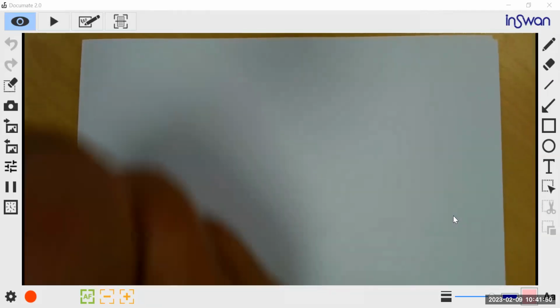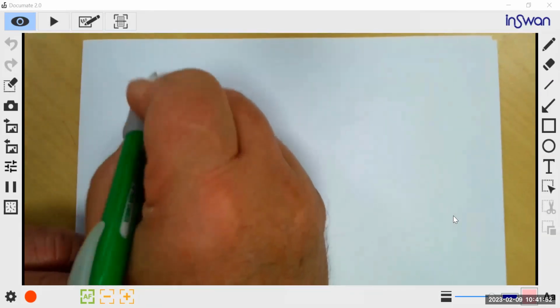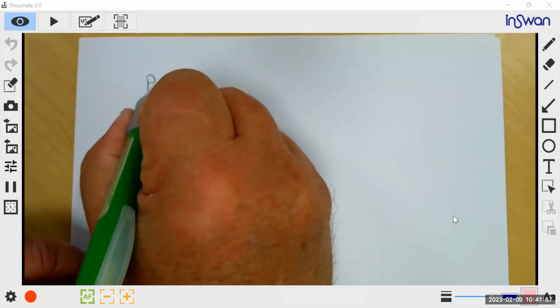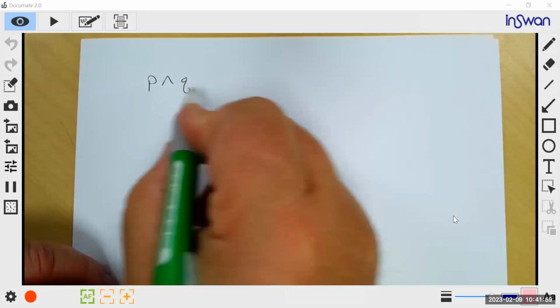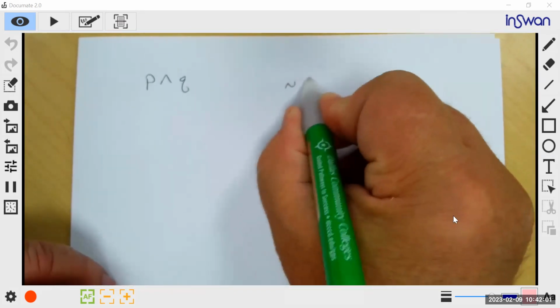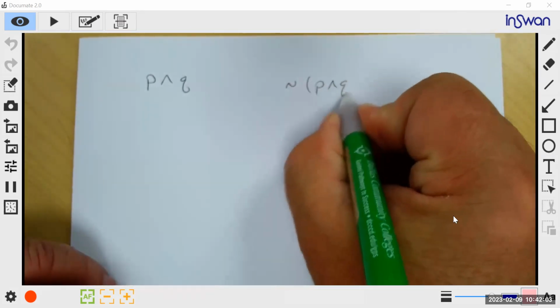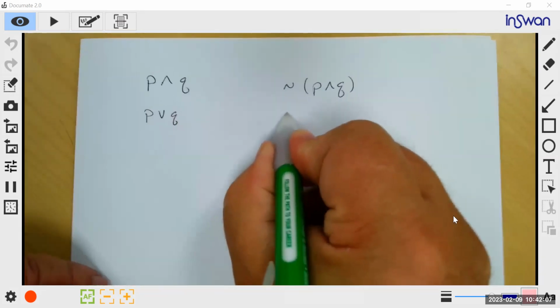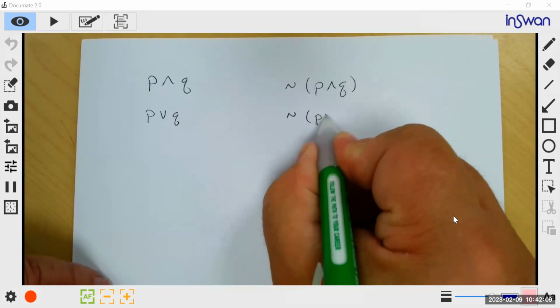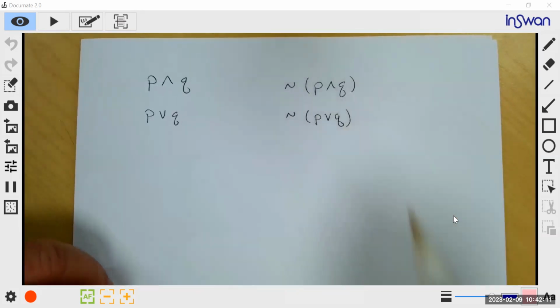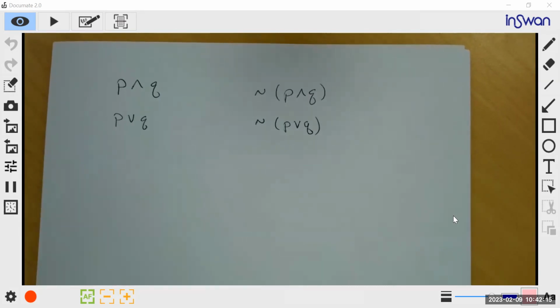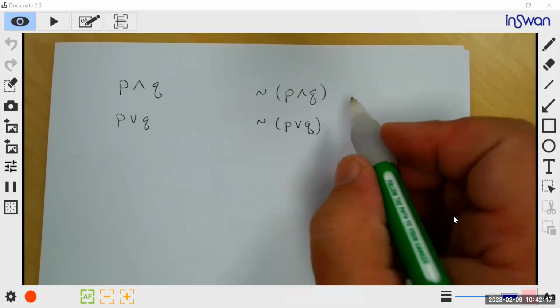The other two that we had were P and Q. We're going to look at the negation of P and Q. Then we're going to look at P or Q and the negation of P or Q. So let's look at the negation.